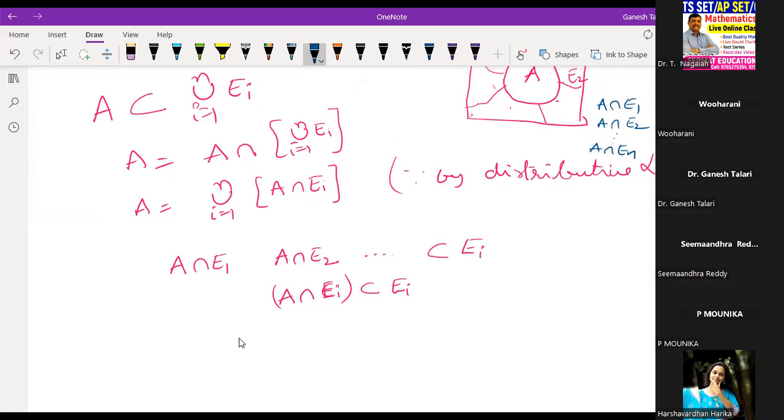These are all disjoint: A intersection E1, A intersection E2, A intersection E3, all are disjoint.